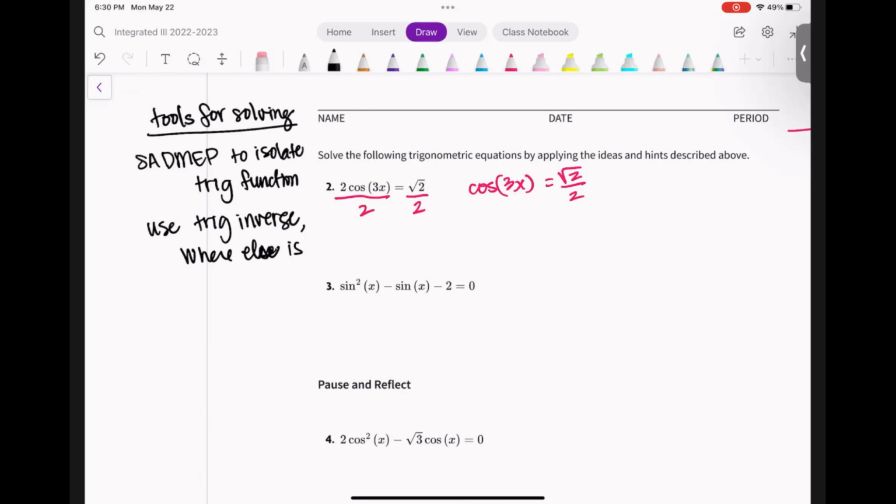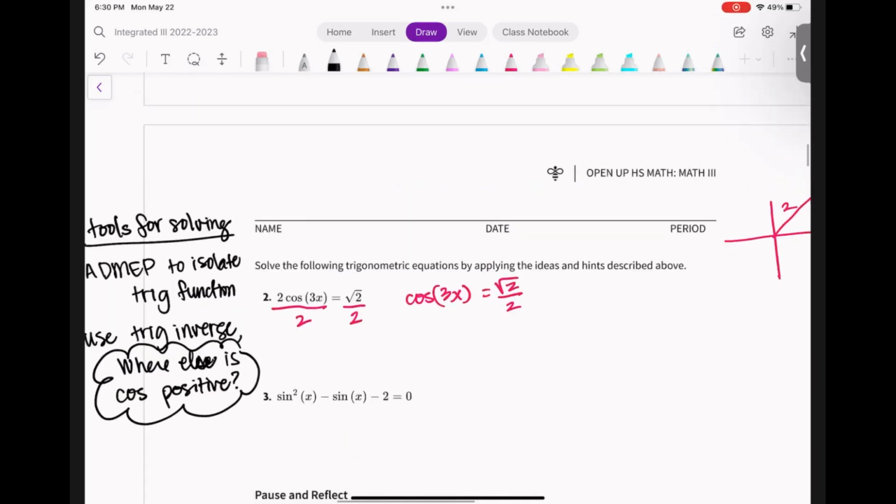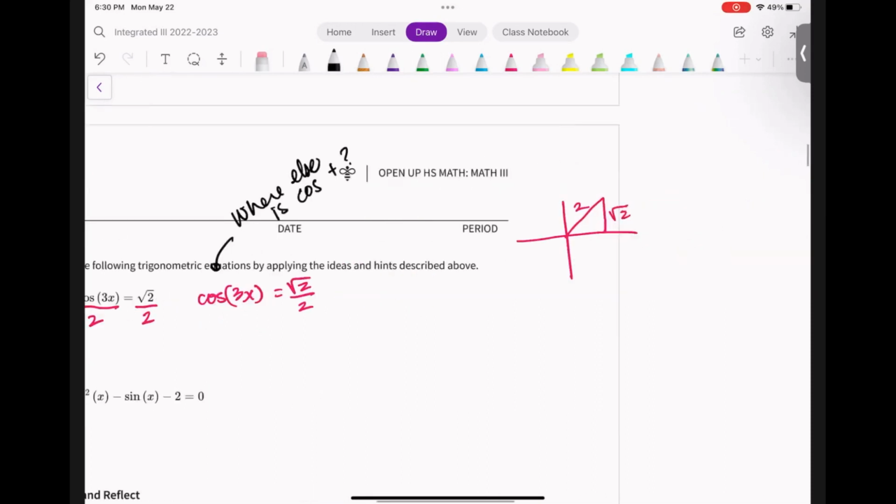So in this case, I'm just going to write cosine positive, or write whatever it is. This is an important question for you to find all of your answers. Okay. So here, I'm going to ask that question, where else is cosine positive? Question mark. So cosine's positive down here too, right? So this is going to be root 2. This is 2.